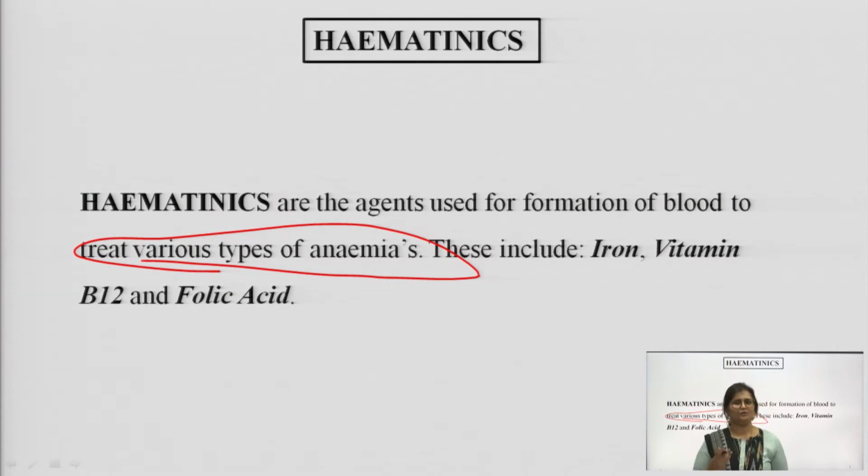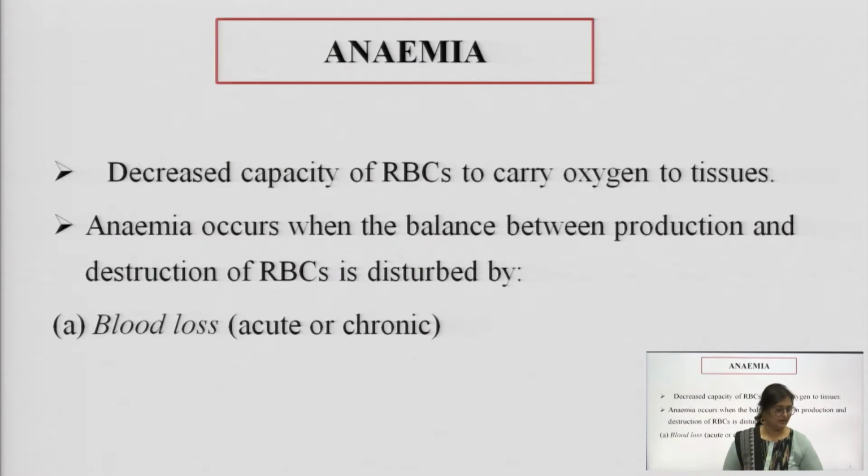Now, what is anemia? We have now learned that hematinics are used for treating anemia. What is meant by anemia? Anemia is a condition which is defined by 3 major things.